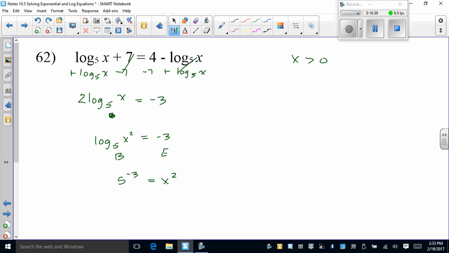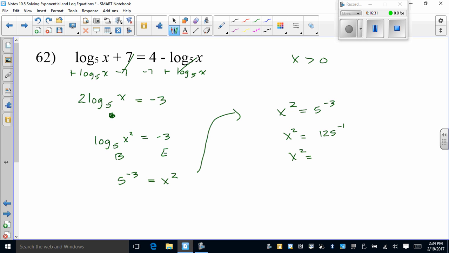X squared equals 5 to the negative 3. This means x squared equals 125 to the negative 1. So x squared equals 1 over 125.